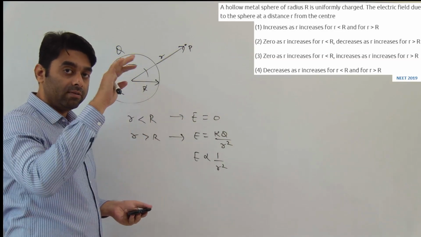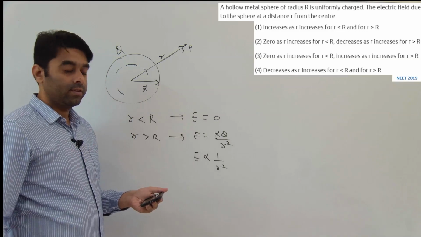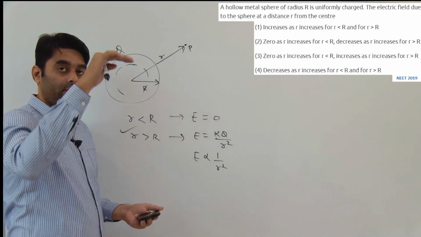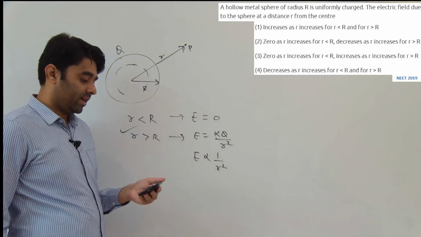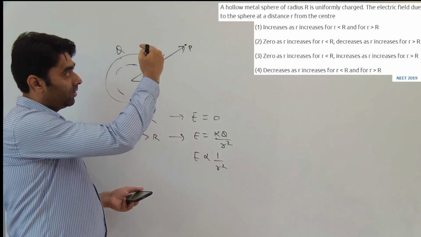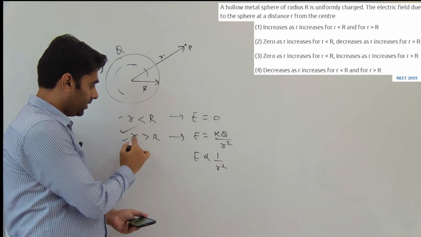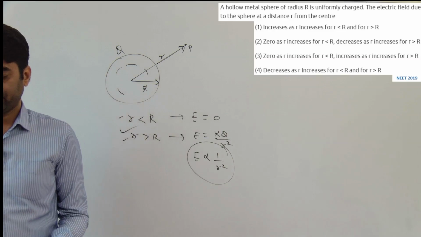That means your E value will decrease as r increases for r greater than capital R. So for r greater than capital R, your electric field will decrease. Which option is it? Option number 2 is giving us that. Option number 3 says that it increases. No, as the point moves away from the center, the electric field will decrease, as you can see very clearly in the result. Fine, let's look at the next question.